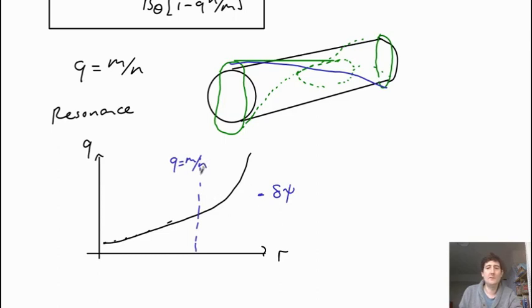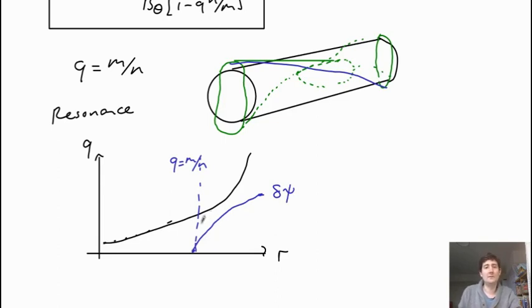In ideal MHD, that will drive a current on that surface, an infinitely thin but infinitely large current sheet, and that will suppress the perturbation. So delta psi will go to 0 at that location, and the plasma will screen out the perturbation. Anything inside will have no perturbation, and outside you'll get perturbation.